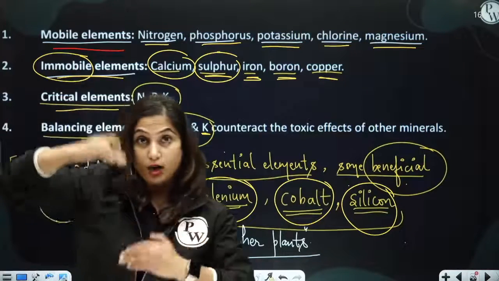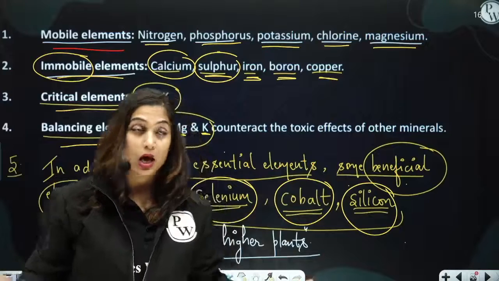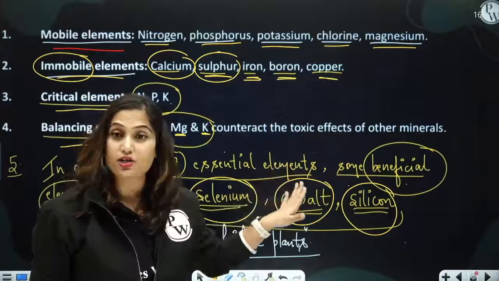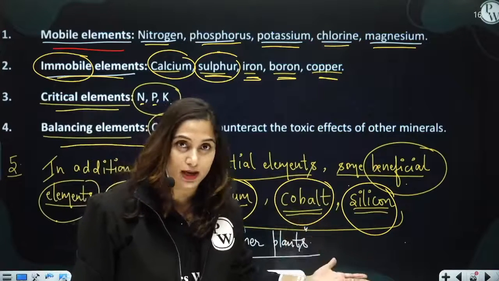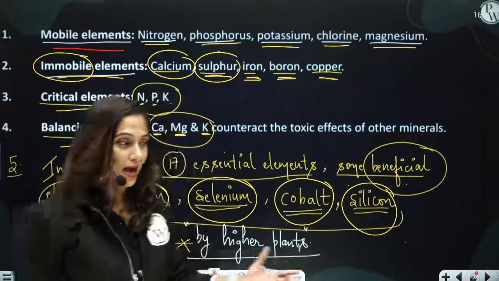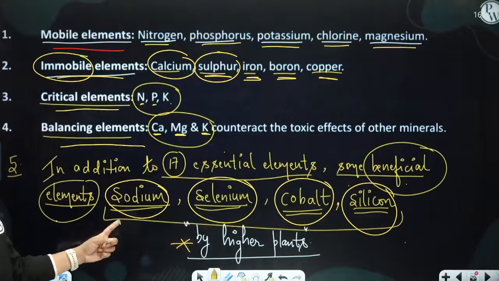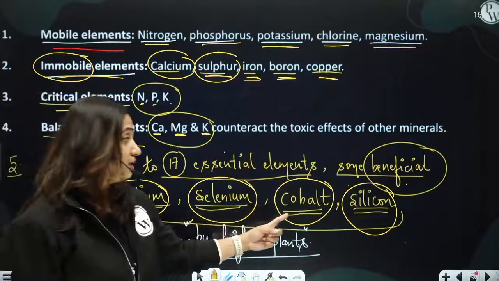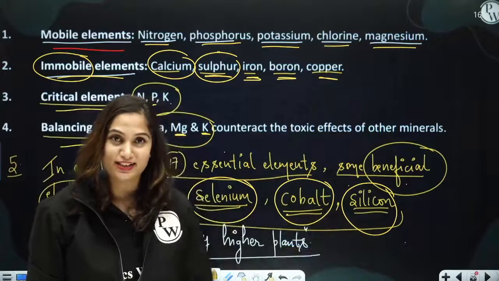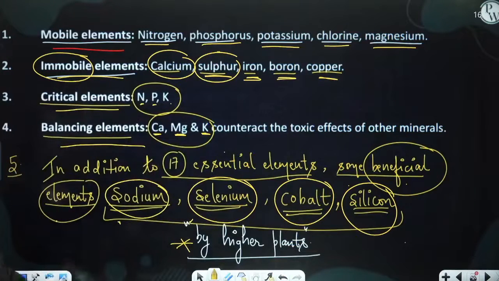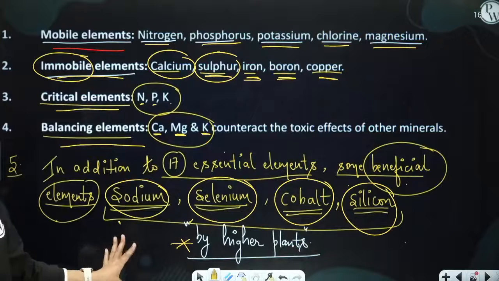Some higher plants, because they are complex, along with the 17 essential elements, need some extra beneficial elements for their proper functioning, and these are: sodium, selenium, cobalt, silicon. These are not essential elements, these are beneficial elements. Okay, written in NCERT, so important. So this slide is also important.